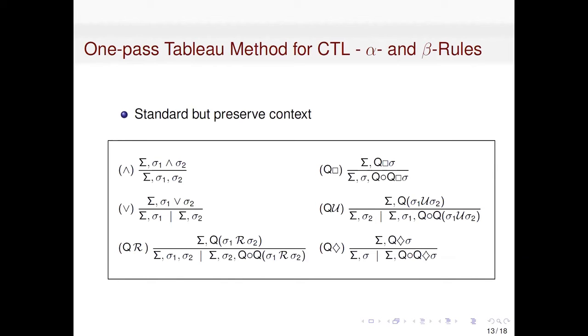So, strictly speaking, we take the Tableaux rules, which are standard for the construction of the Tableaux method. And all these rules, as you can see, would only be different by preserving the context, which is given here by the capital sigma. So sigma in these rules is a context. We do preserve context, but these rules do not deal with the context itself.